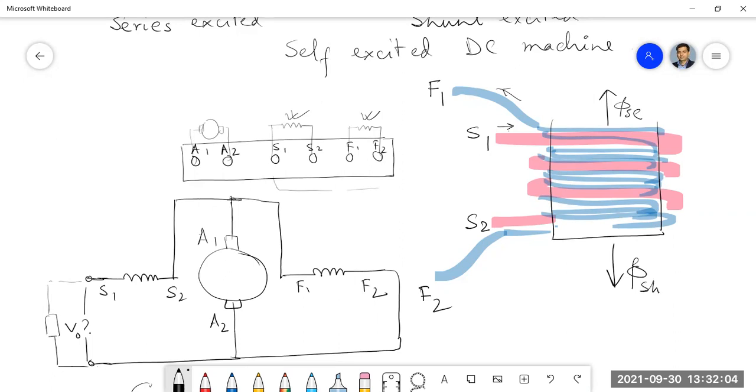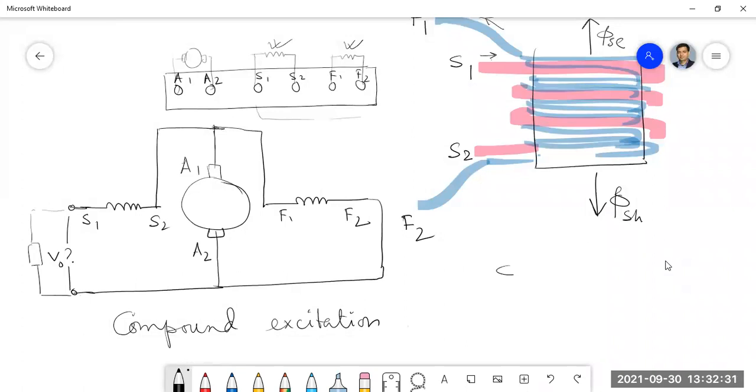Okay, but if the current directions are same and their sense of windings are also same, মানে কিভাবে জড়ানো আছে, একই দিকে জড়ানো আছে কিনা, the sense of the winding as well as the direction of current, if both the things are same, then the flux will be additive, isn't it? Got my point? Yes, sir.